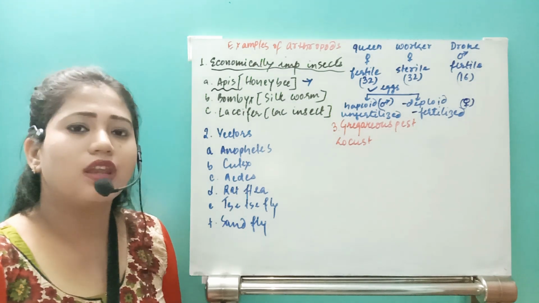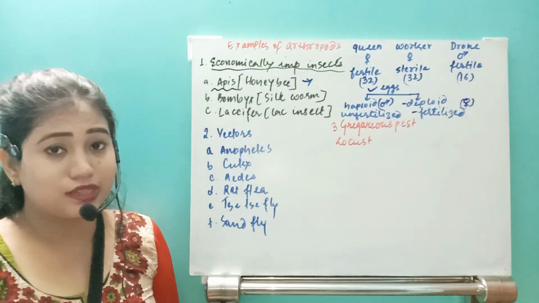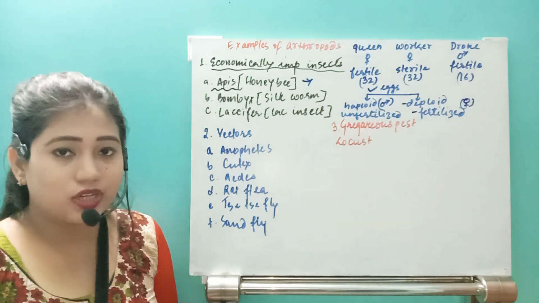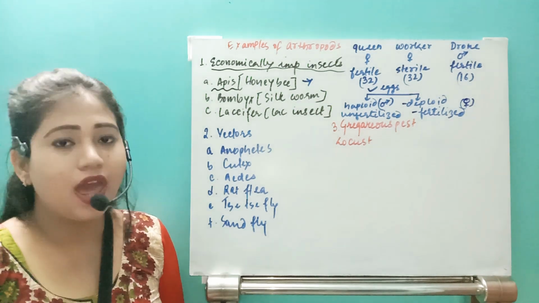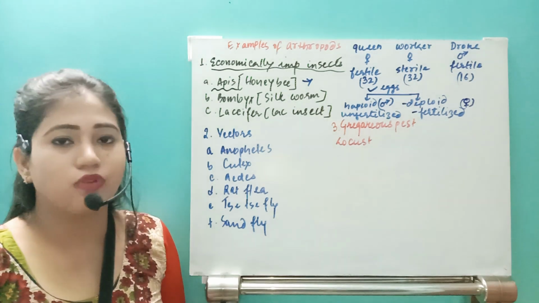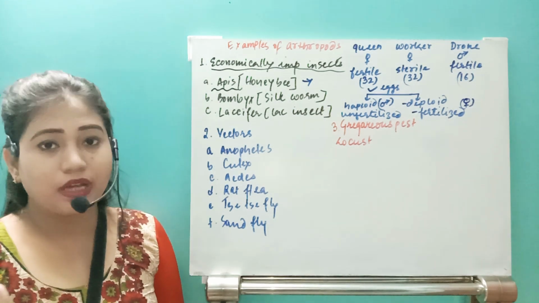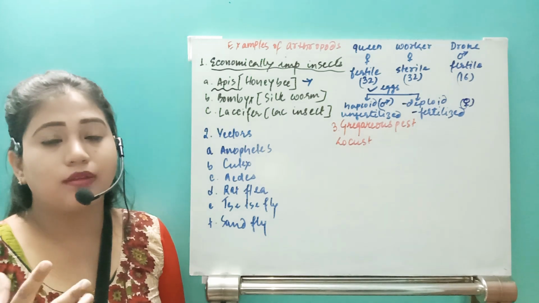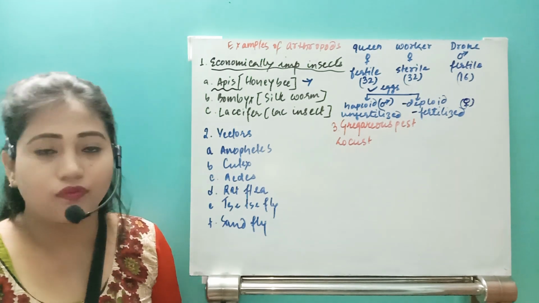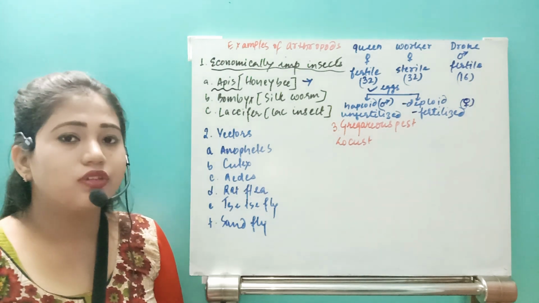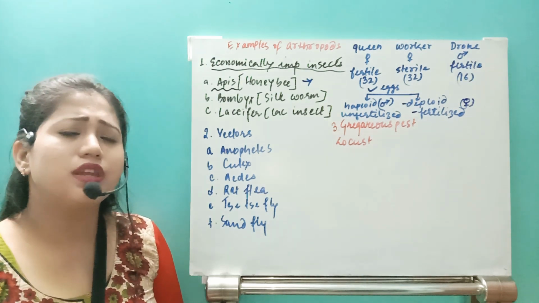Okay, next, another important usefulness is royal jelly. The workers provide the royal jelly to one of the queen larvae, and that one will be converted into a reproductively matured female, and will be known as the queen when she matures. Royal jelly is produced in a very small amount.